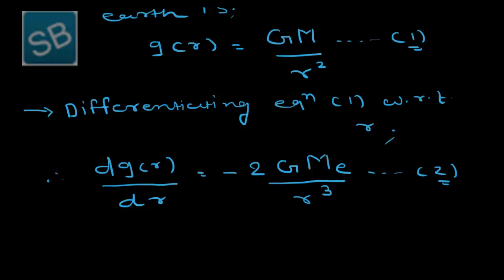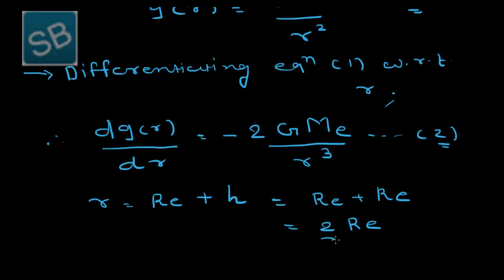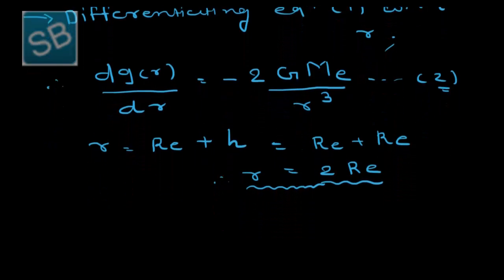And here, the value of r for a body outside of the Earth, the distance is given by RE plus h, but here the height is the same as the radius of the Earth, so it is equal to RE plus RE, that is equal to twice of RE. Therefore, small r is equal to 2RE.